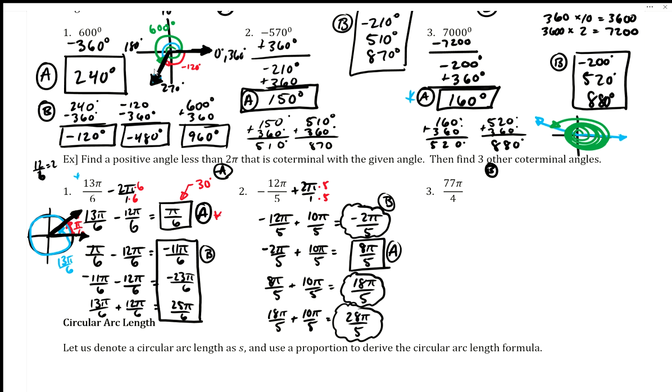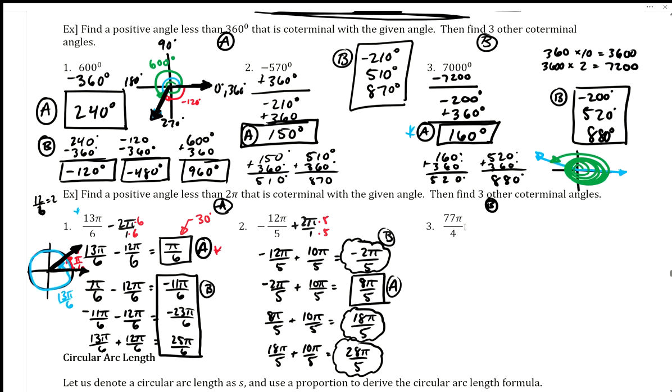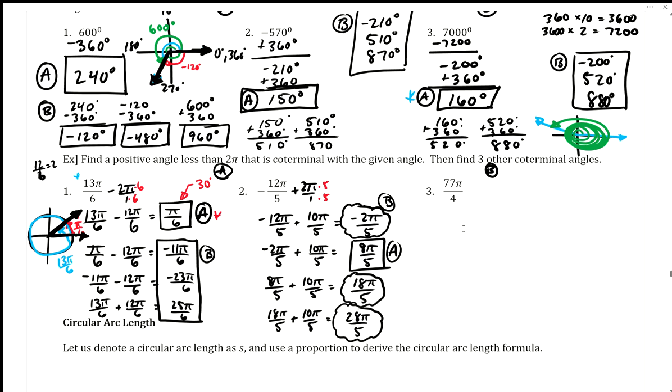All right, so this again goes back to the multiples of 2 pi, because this would take too long to do that subtraction. However, first, I do want to convert it to have the same denominator. So I'm just to the side getting a common denominator and saying, well, 2 pi is the same thing as 8 pi over 4.